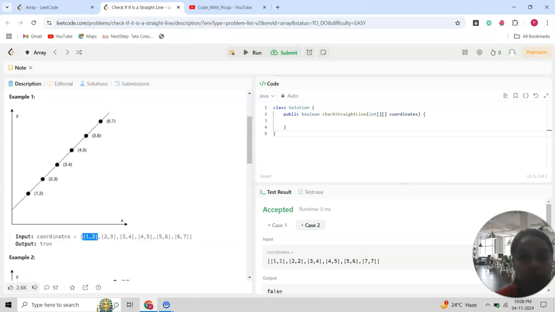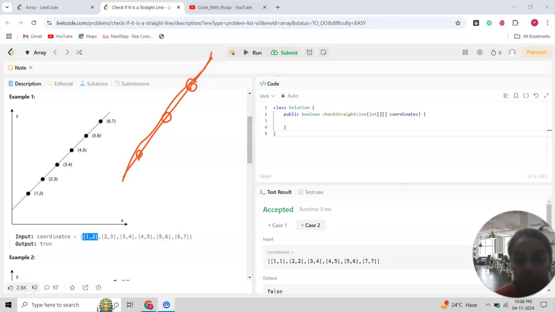Before continuing with the question, we have to understand what a straight line is. A straight line will be like this. All the points lie on the particular line, and the line connecting all these points will be straight.